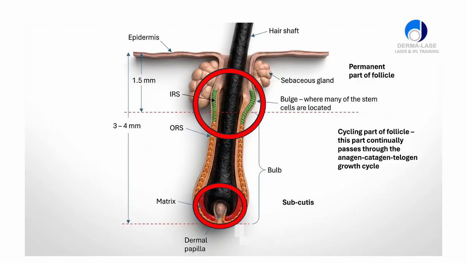Now these cells are potentially tricky to kill because as the hair follicle grows, the whole bulb section descends into the dermis down towards the subcutis, and at some point these particular cells may be too deep for our light energy to reach. So there's a certain window of opportunity where we can kill both the bulge stem cells and the dermopapilla cells before the papilla is too deep to reach.